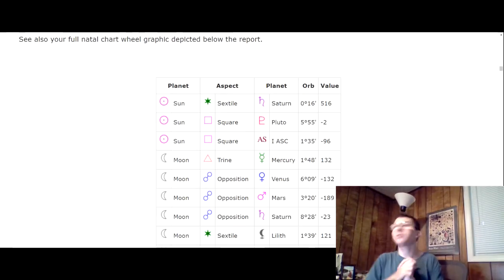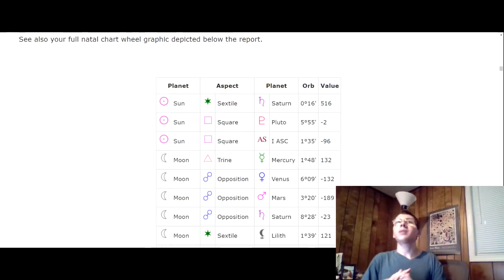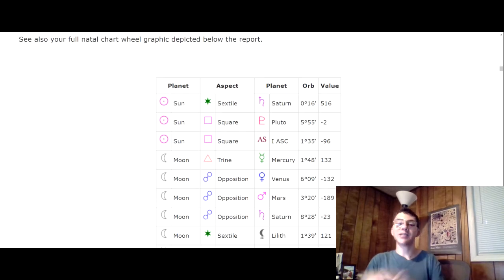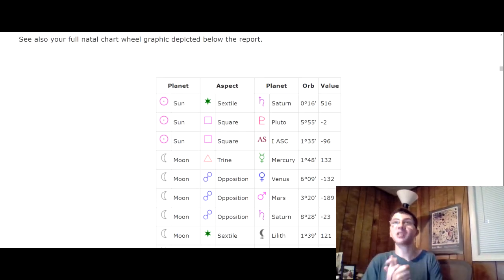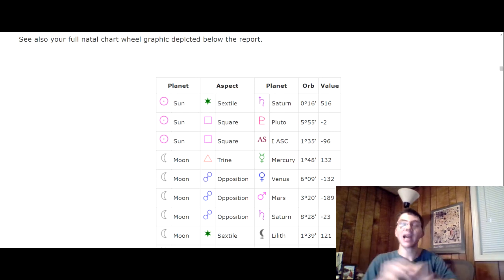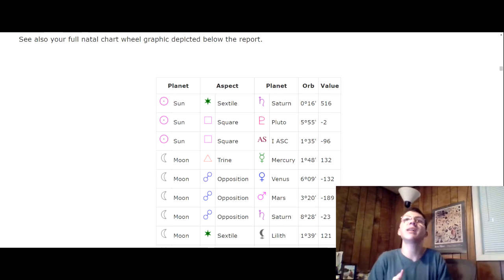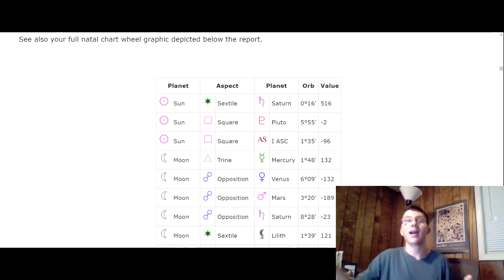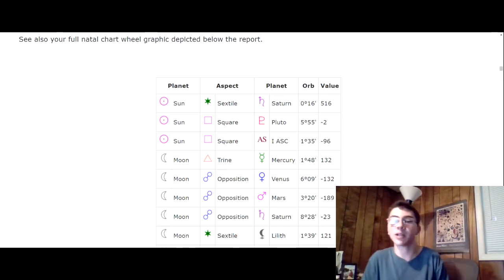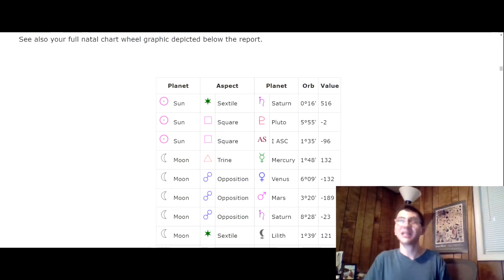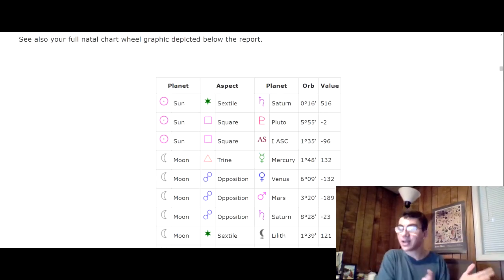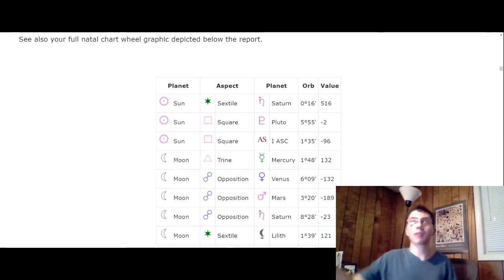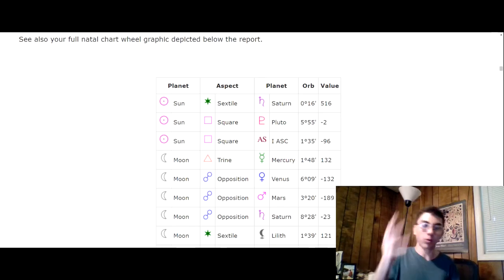And it just depends on what you're looking at. For instance, I filmed a video on Mars in Gemini, and I didn't just say, this aspect of Mars squaring Neptune, this day it's going to happen. I had a whole range of dates just because of how long the Mars in Gemini transit is going to last, because it's going to be in Gemini direct, and then it's going to retrograde back through some degrees of Gemini, and then move forward again.